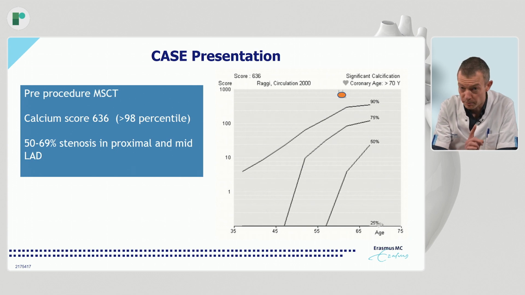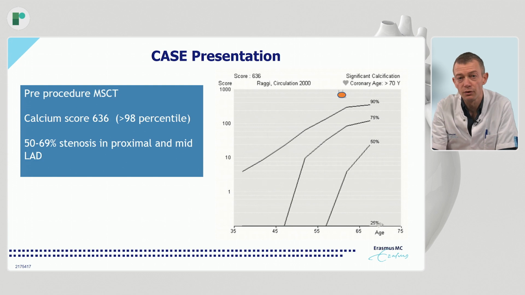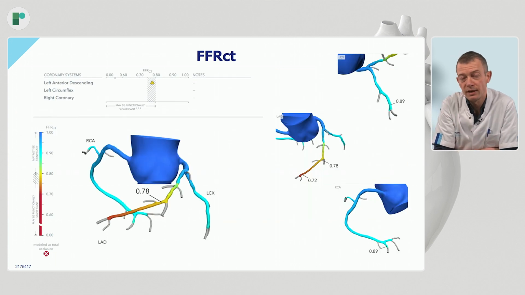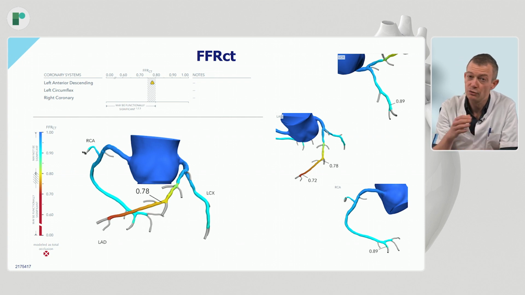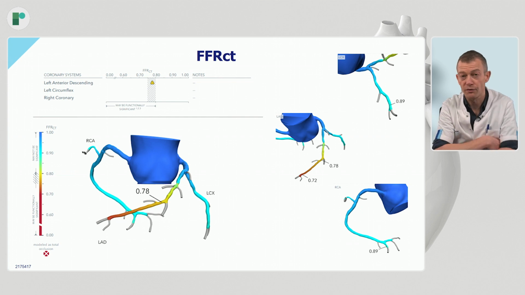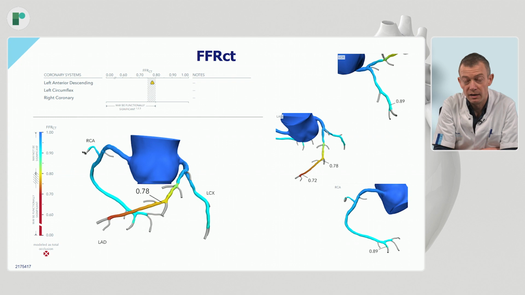But before we did so, I think it's interesting to note that this patient also underwent a heart flow assessment, which really helps us these days in trying to get a sense on how these intermediate lesions of 50 to 70% may translate into certain types of ischemia in a modeled way like heart flow does with its FFR CT algorithm.